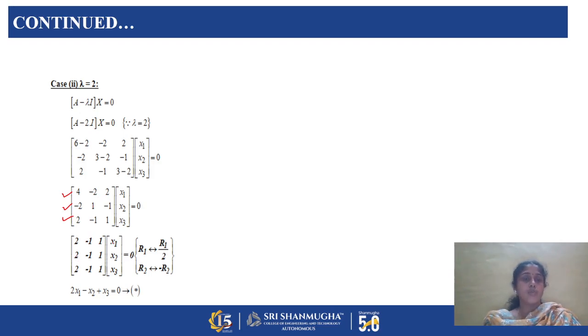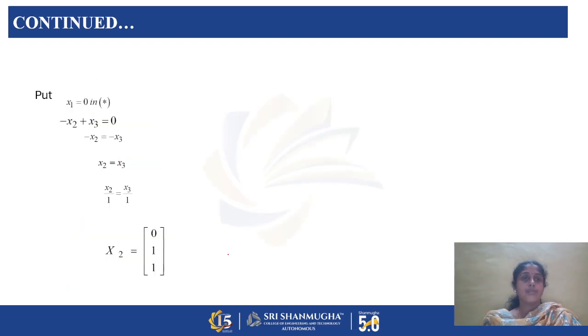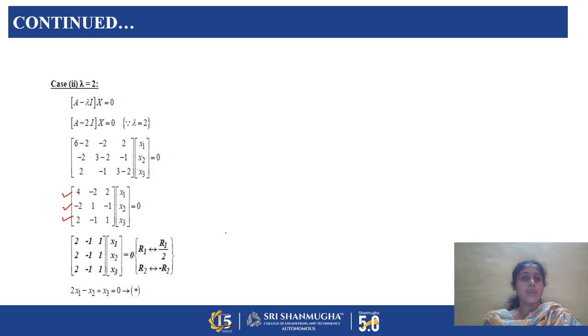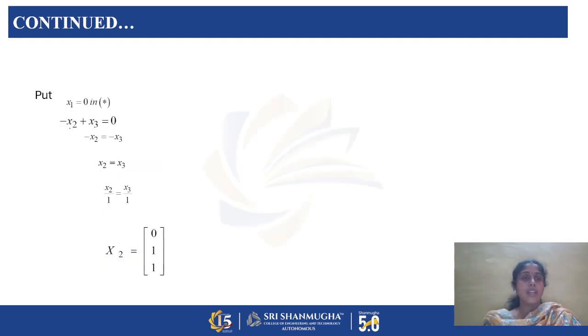So all three are the same equation: 2x1 minus x2 plus x3 equal to 0. Now in this equation, put x1 equal to 0. It becomes minus x2 plus x3 equal to 0, so x2 equals x3. So this is x2 by 1, x3 by 1, and x1 we have made 0. So the second eigenvector x2 is 0, 1, 1, corresponding to the eigenvalue lambda equal to 2.